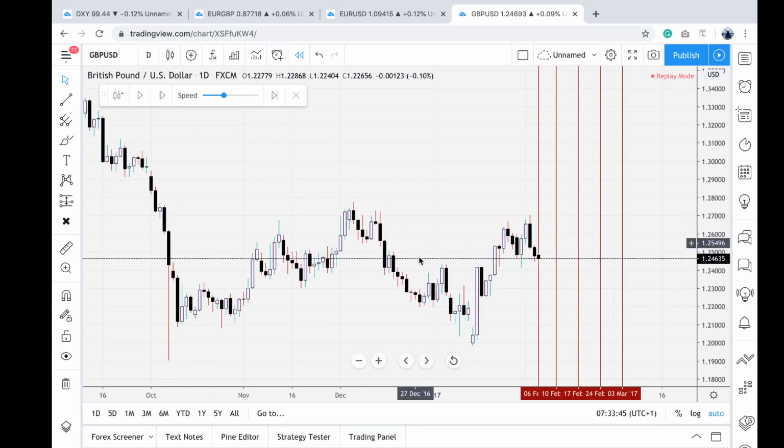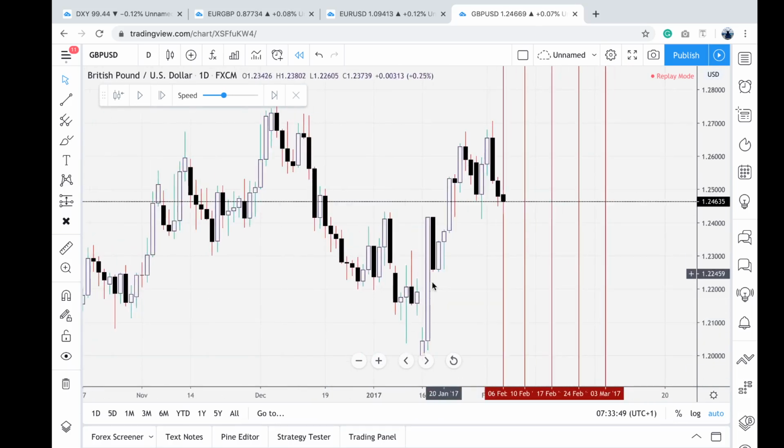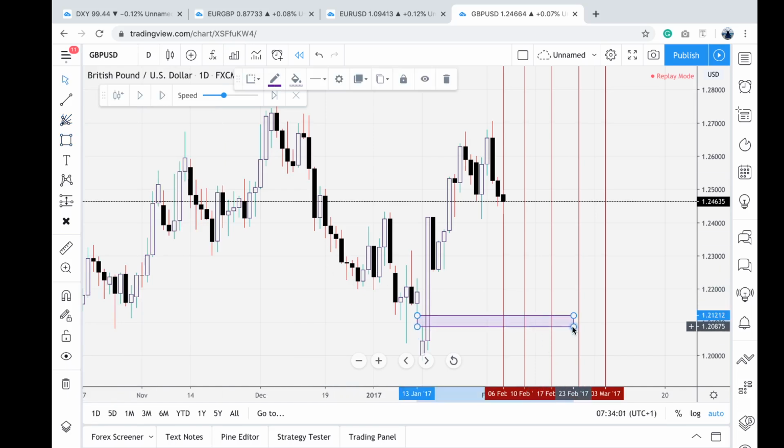Currently we're at a very premium level on this range. And what I want to point your attention to real quick, guys, is that we've broken through this range. There's still a fair value gap that has not been filled here, a fair value gap that still hasn't been filled there on the British pound US dollar.